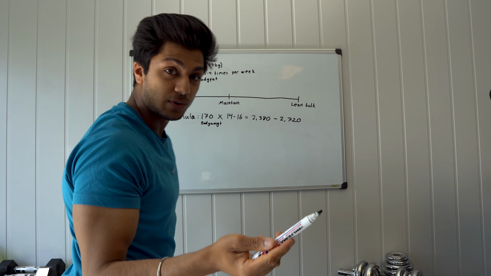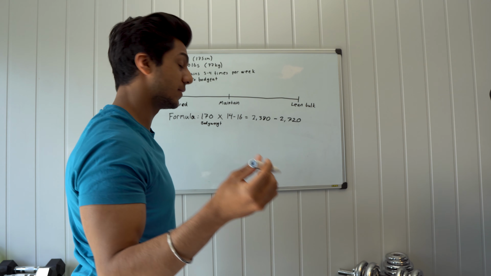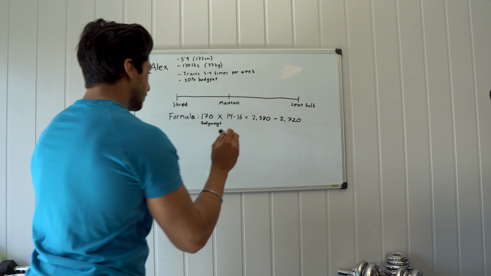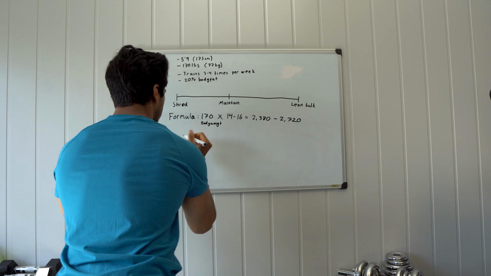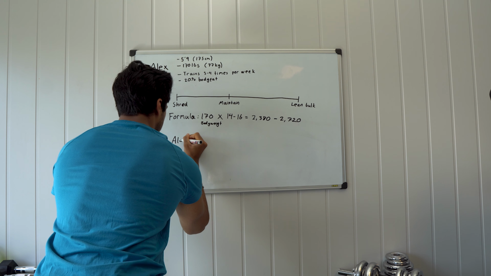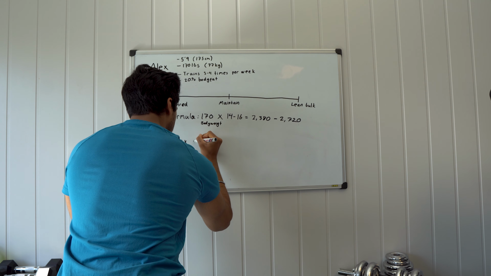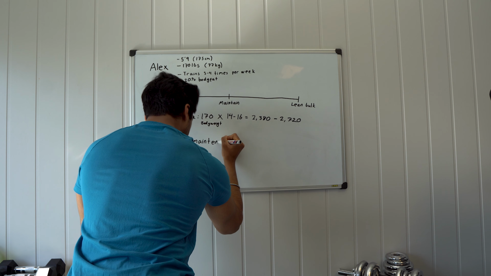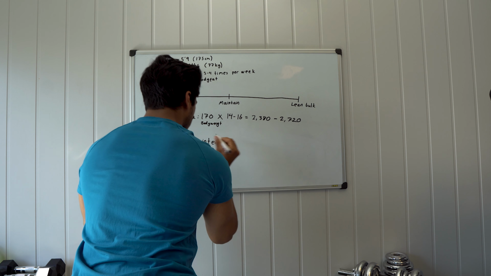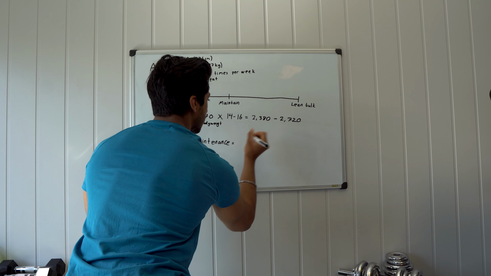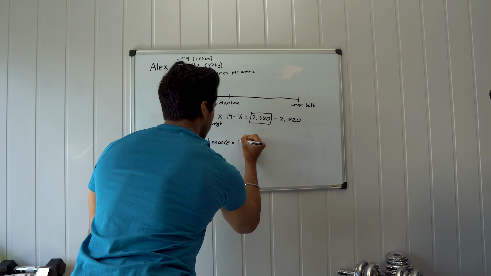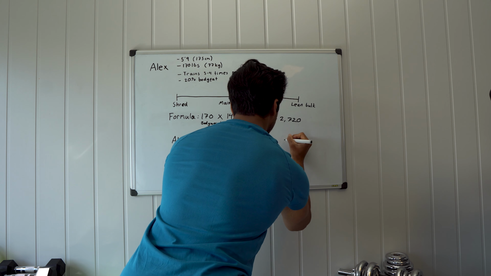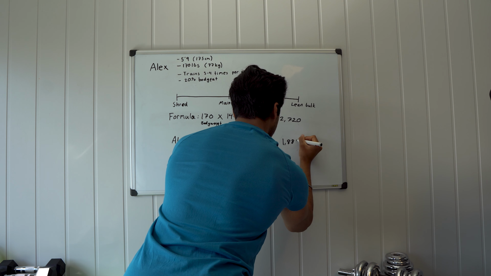So to find his maintenance, if he's going to do a shred, if he wants to cut down in body weight, we're going to take Alex's maintenance of 2,380 minus 1,880.